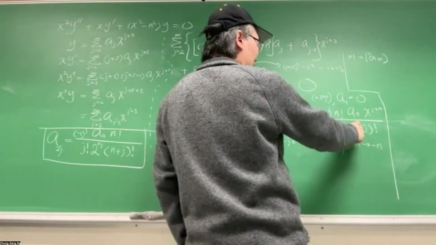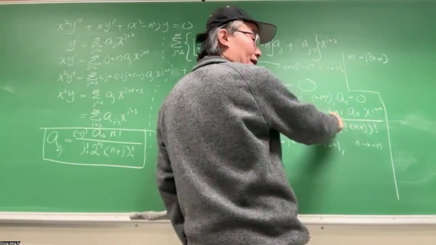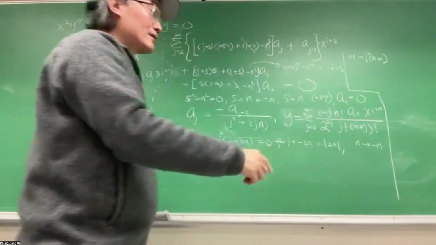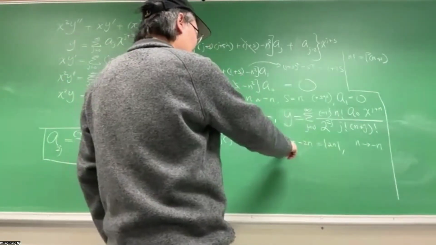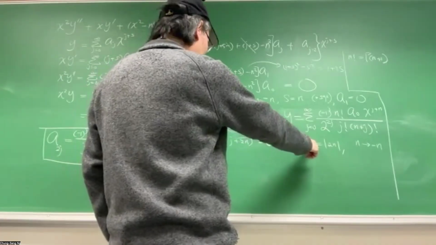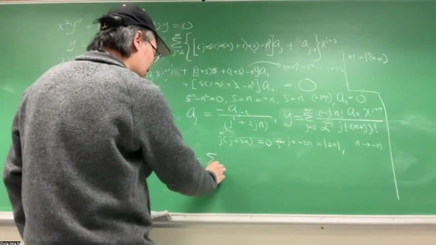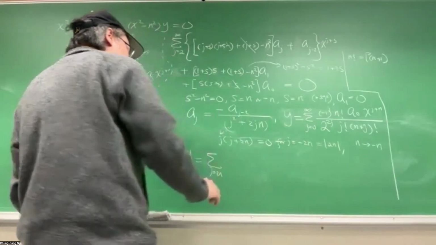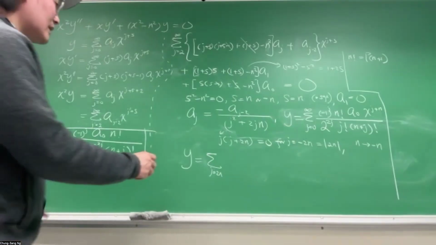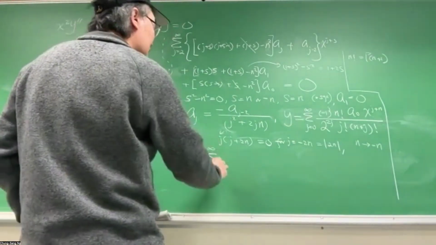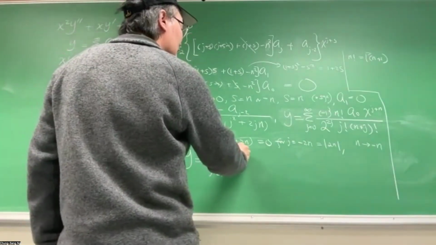This is just basically a label. You can change n to the minus n here, n to the minus n here, and that doesn't change anything. The only thing that changes is that when we say j starts from minus 2n, if we treat n as positive, then j starts from 2n, for a positive one, and then to infinity. And then everything is fine.